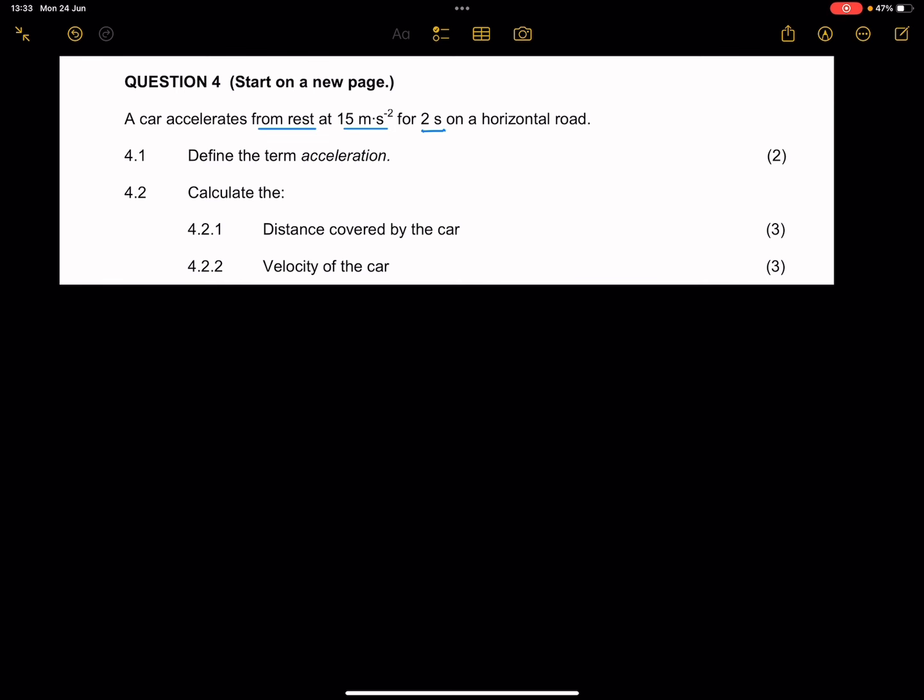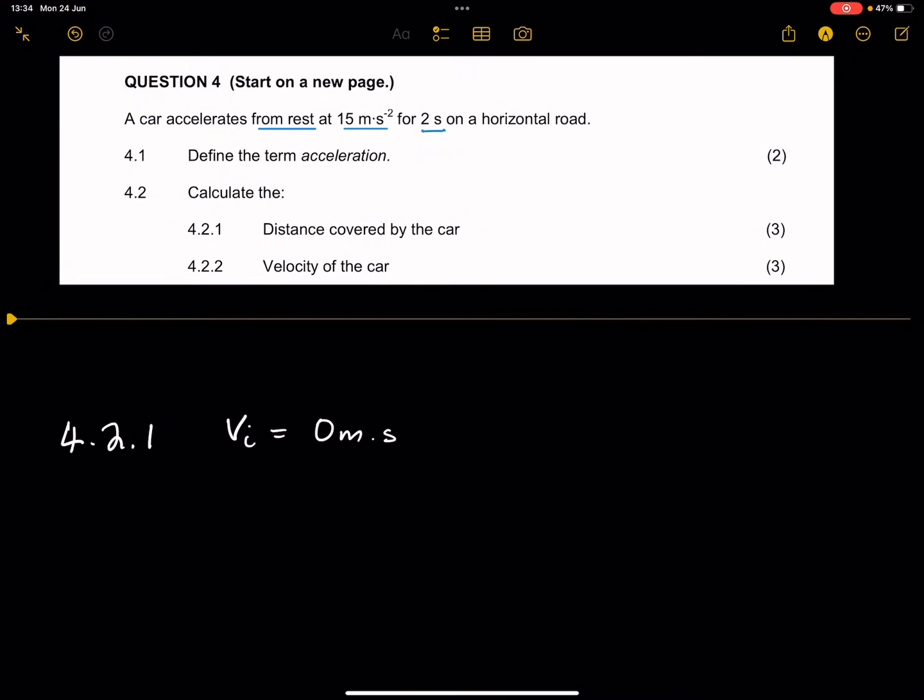Now, let's just first try to see what information we have. We are given initial velocity. And our initial velocity, remember, we said once we say from rest, it implies that our initial velocity is 0, right? And now, we don't have the final velocity.